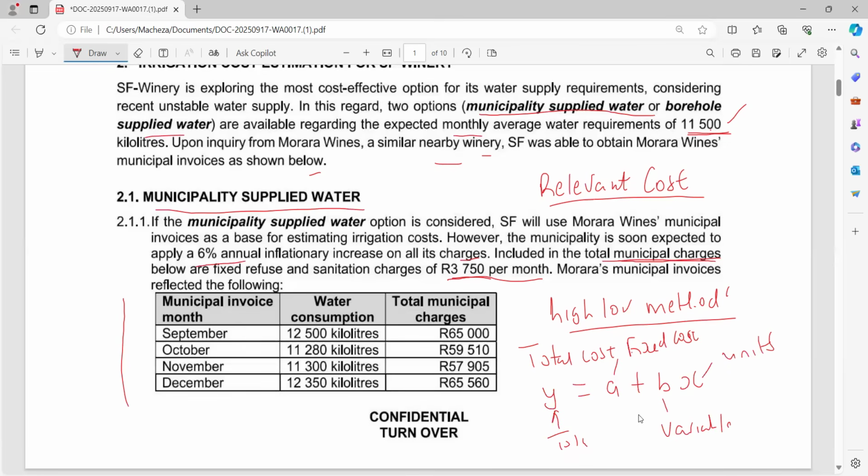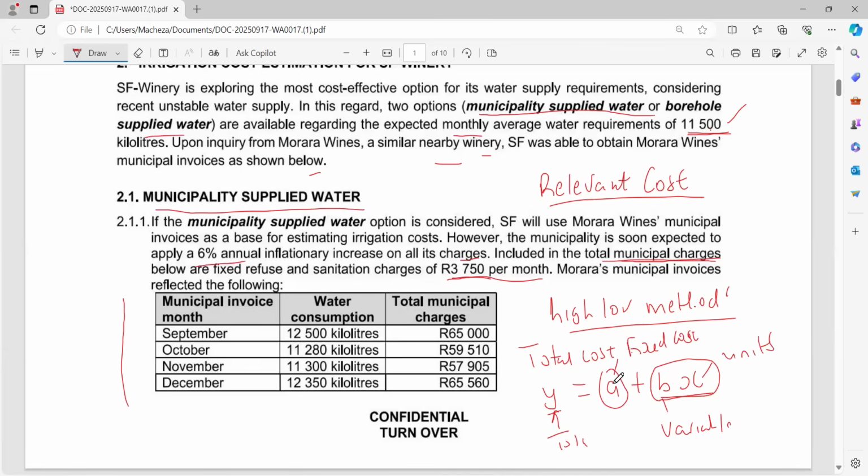So when you have your variable cost, it will be here. You want to determine the fixed cost, which means your variable cost and your total cost should give you the fixed cost by substitution. That's basically how you do it when you are doing your high-low method.